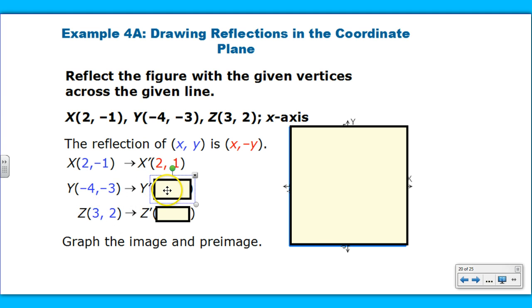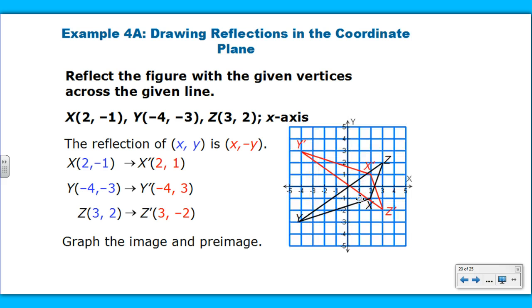Y prime becomes positive 3, and z prime is negative 2. So if we graph each, go ahead and do that. Come back and check. You should see an interesting reflection across the x-axis. Very cool.